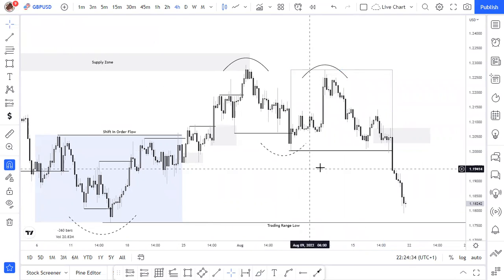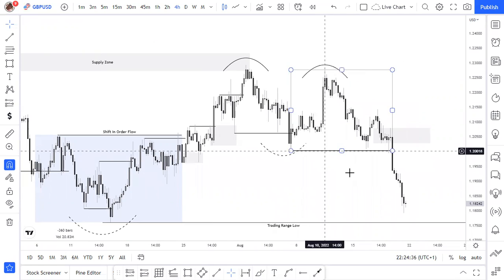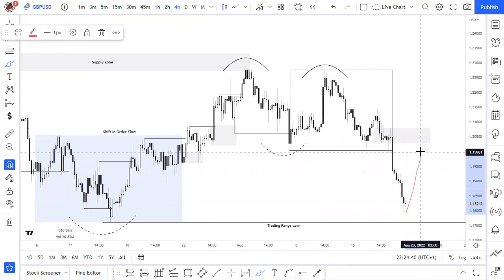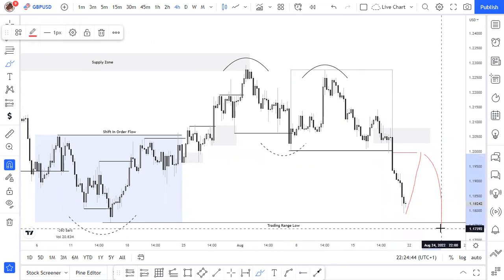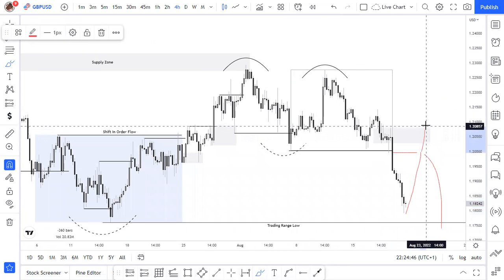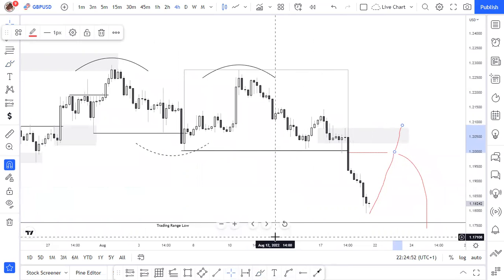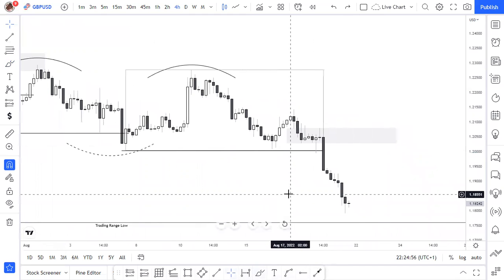I expect price to pull back into maybe just tap the bottom of this range and then continue the bearish structure, or just maybe look for some kind of refinement. You can look at this particular one here.